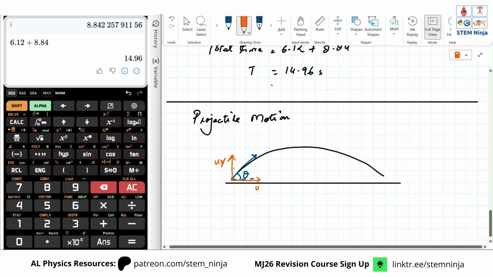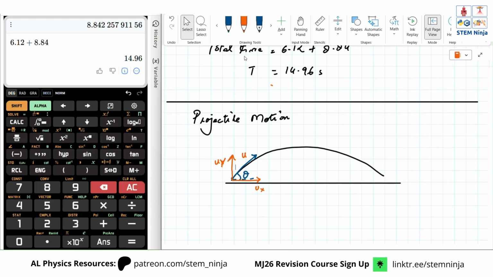This is uy, this is ux. So we have to solve motion in 2 dimensions to be able to solve projectile motion questions.